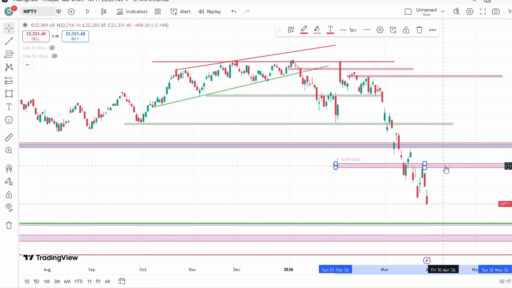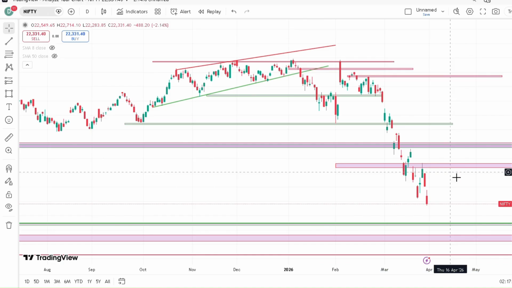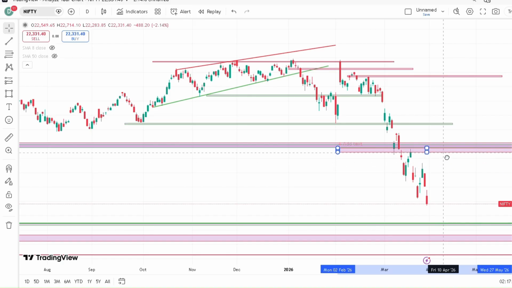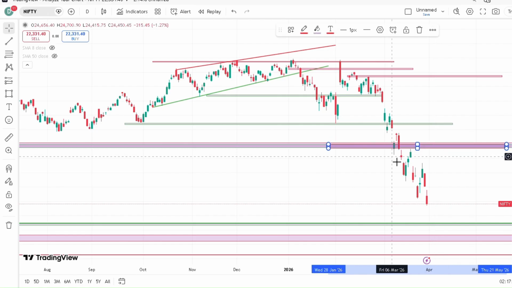I was expecting that if this resistance zone could not hold this level, then the market would go up towards this 24,000. So based on this reason, I chose this level, that is 24,000 level. So this is the previous support zone, 24,000 level.